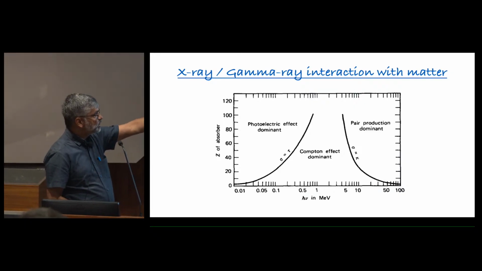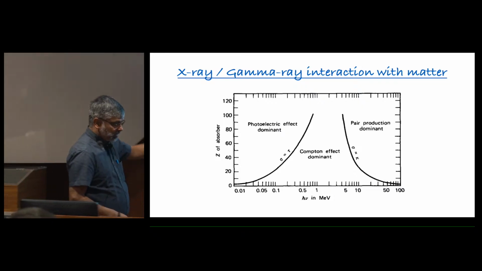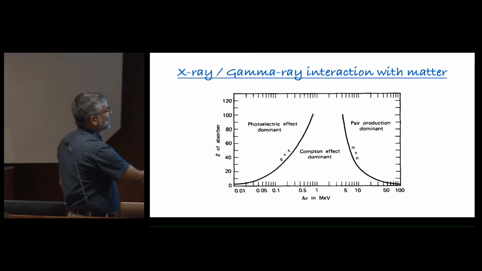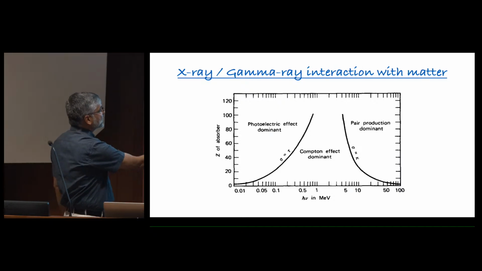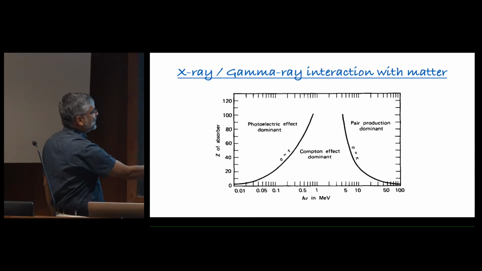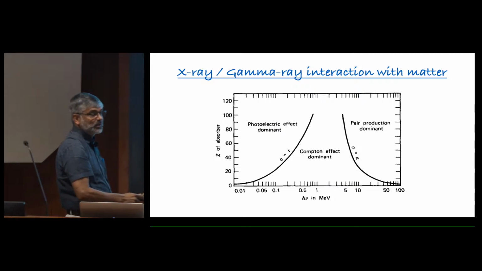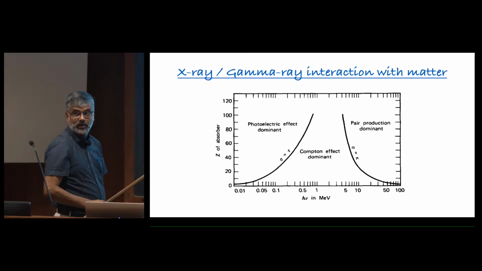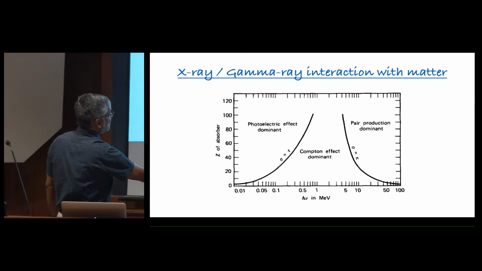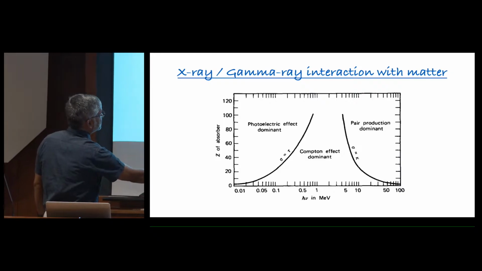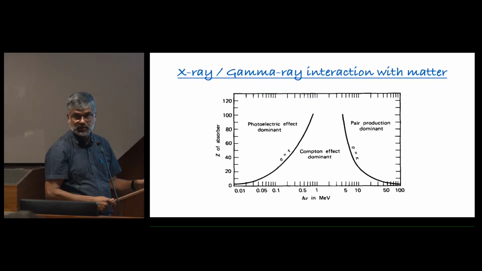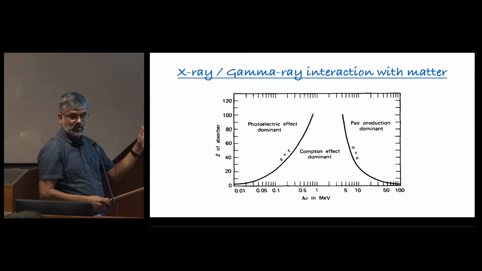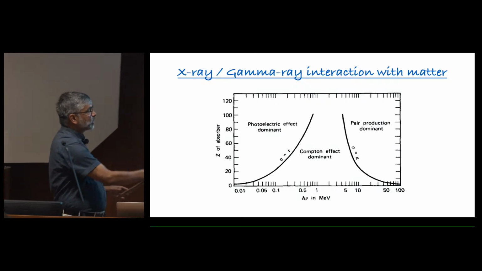These lines show where the two processes are of equal likelihood. On this side the photoelectric effect is dominant, from here to here Compton interaction is dominant, beyond that pair production is dominant. So, roughly from a fraction of an MeV to about 5 MeV, Compton interaction is the most dominant process. At lower energy, the photoelectric process is the most dominant.